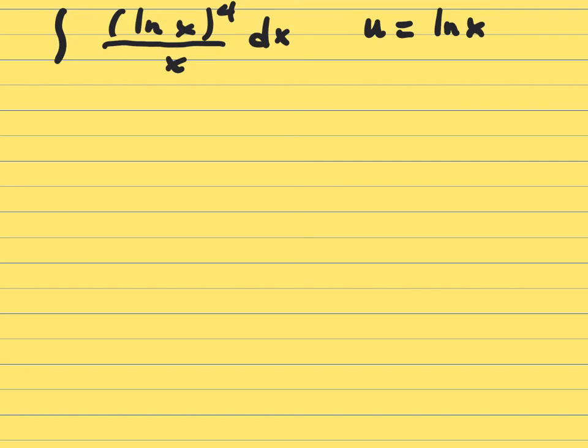And let's see why. If I take the derivative of both sides, derivative of natural log of x is 1 over the original. That gives us a derivative of 1 over x dx. If we look at this problem carefully, our substitute in the numerator is just going to be u to the 4th.